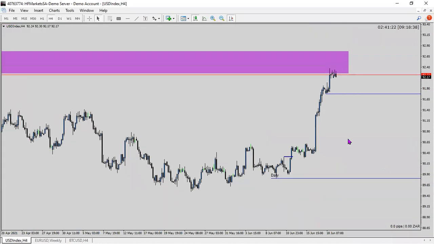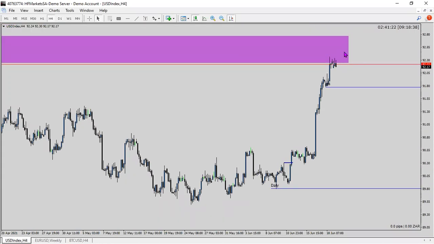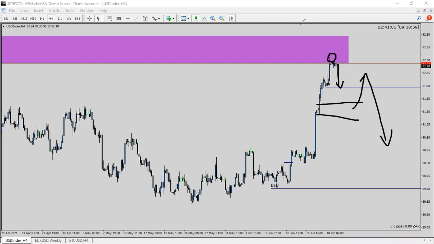Looking at the 4-hour chart, what I've identified here is a structure level that broke structure to the upside, coming into this key zone of the daily chart. Now, should I see enough price action confirmation on a lower time frame, then I will take a sell targeting this level as my first target, as I expect it to maybe reverse from somewhere around here, pull back up, and then push to the downside again.